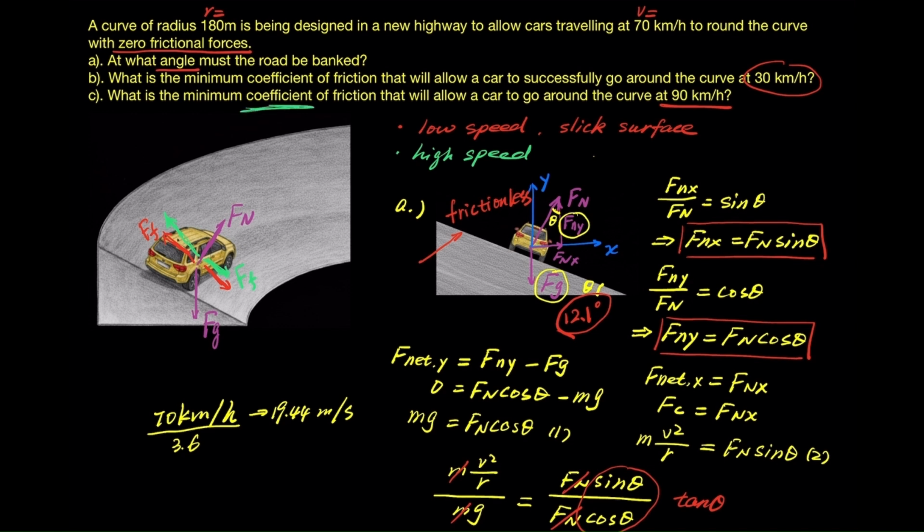To find the required coefficient of friction of that surface, let's set up the free body diagram once more. Okay? Just like before, we start with the gravity, Fg, and the normal force, Fn. The key difference now is that the car is trying to skid up and fly off the bank.